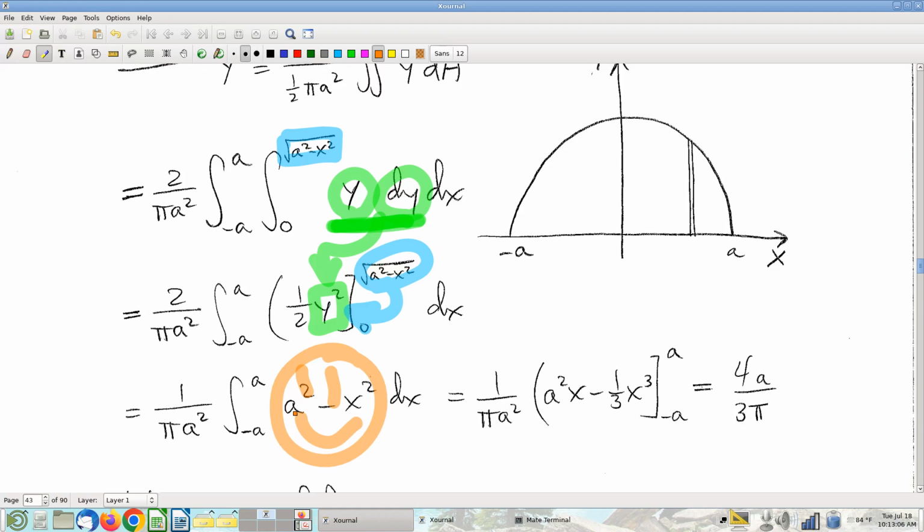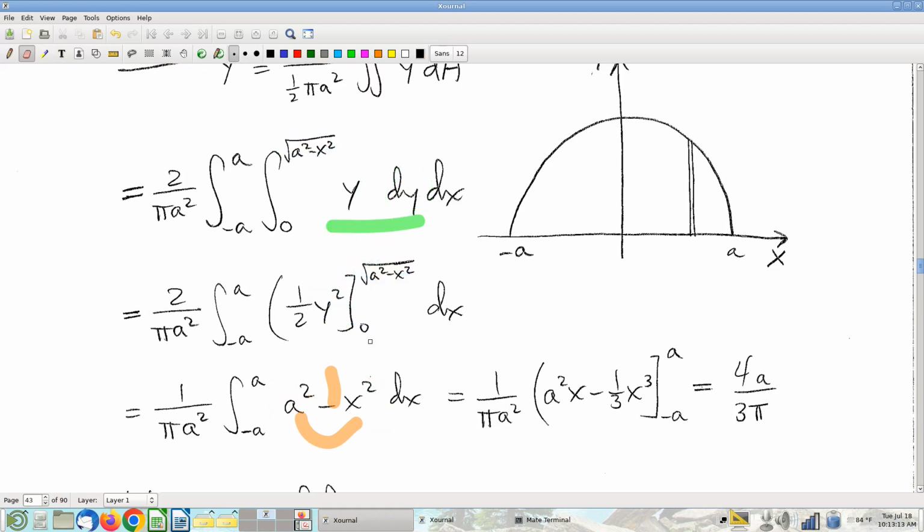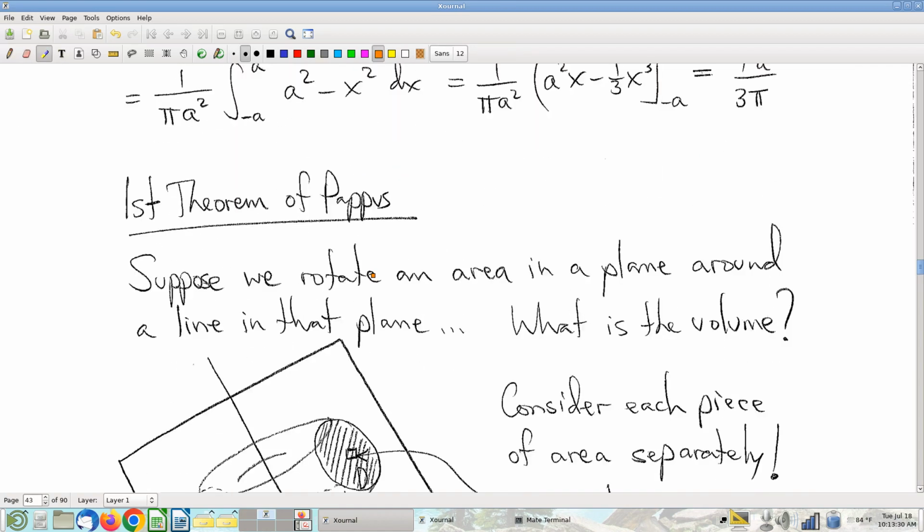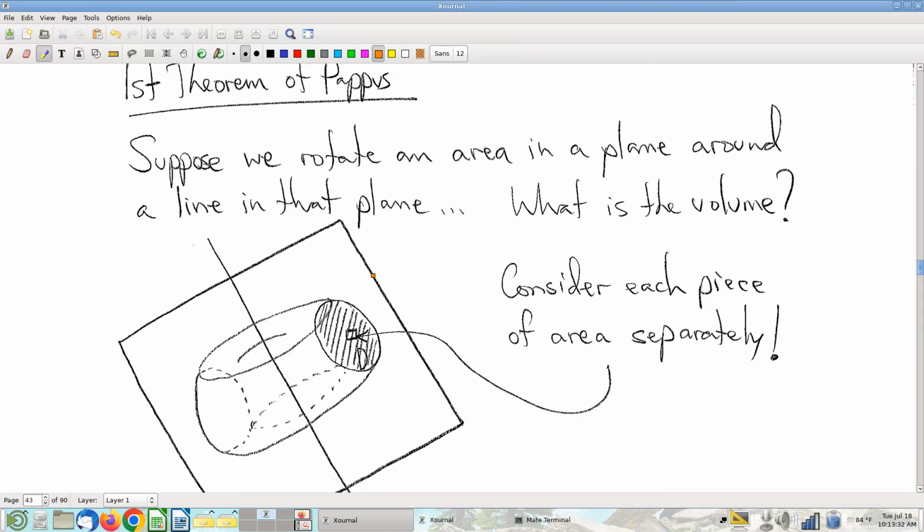That was a little strategic hack. I chose the order of my slicing so that the integration would work out a certain way. Sometimes that's a useful point of view. Everybody buy it? Okay. All right. Okay, theorem of Pappus.